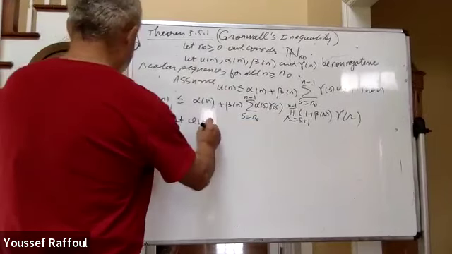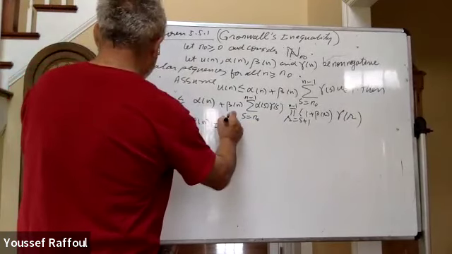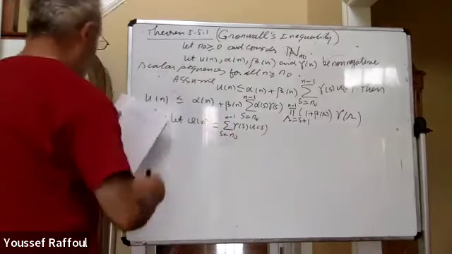Let phi n equal the sum for s equal n naught to n minus 1 of gamma s us.